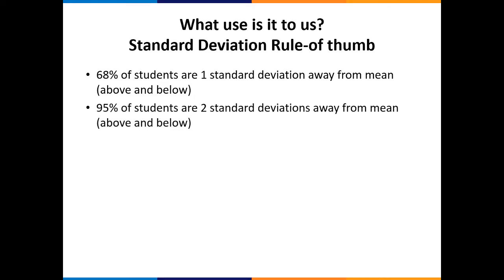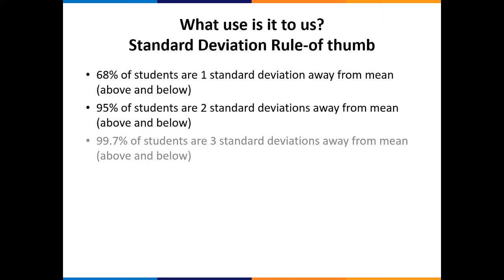The next thing we know, in our rule of thumb, is that 95% of our students are two standard deviations away from the mean, above and below. So if we took the standard deviation value again and added and subtracted it from the two numbers we just computed, 95% of the students would lie within that range.